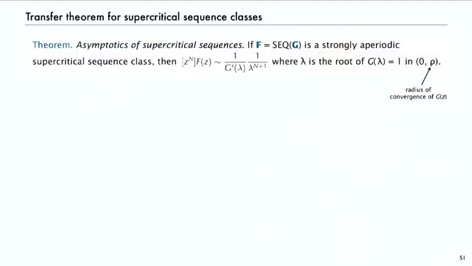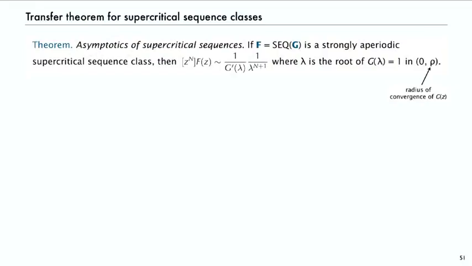So given those two definitions, now we have a general transfer theorem for the whole schema, and it gives an even simpler way to derive the coefficient asymptotics for these types of classes.